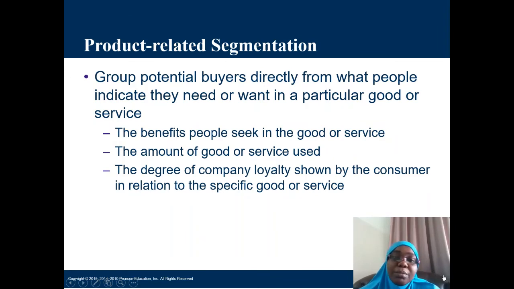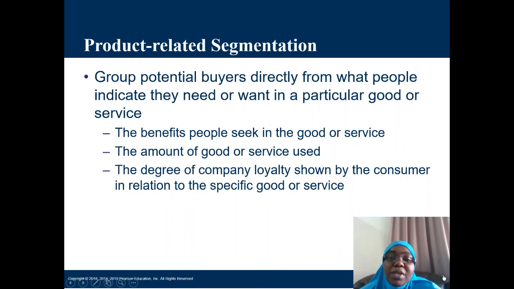Another one is the product related segmentation. Here, the suppliers group potential buyers directly from what people indicate they need. It is what people indicate they need or want to buy in a particular good or service that the supplier will use as a basis for grouping them.